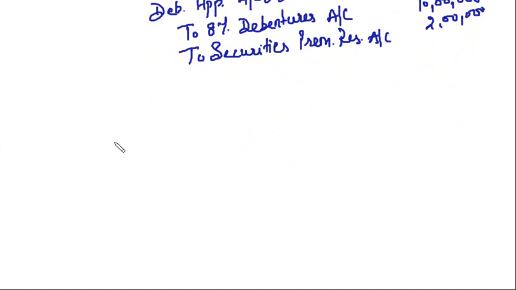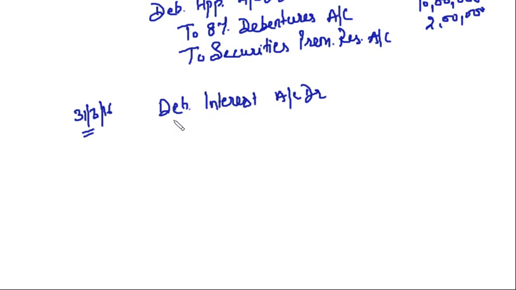So we'll pass the next entry at the end of the financial year, that is 31st of March 2016, for debenture interest. Debenture interest account debit. Now what is this amount?